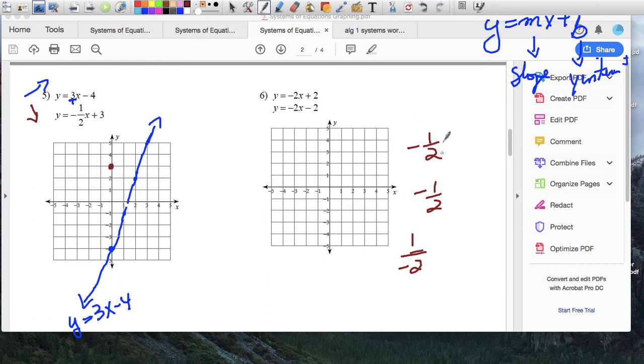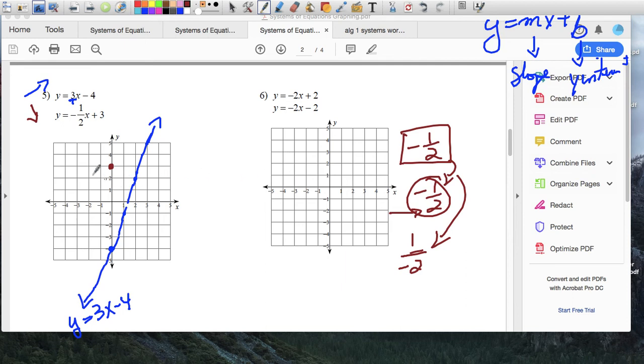As far as slope goes, you need to pick either the top one negative or the bottom one negative. It doesn't matter. I'm going to choose to represent it as negative 1 over 2, which means the movement on the y-axis is going to be down, 1 down, and the movement on the x-axis is going to be positive.